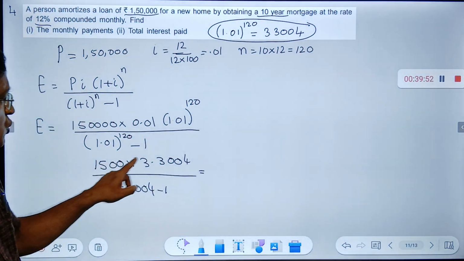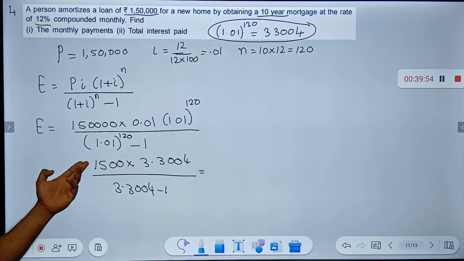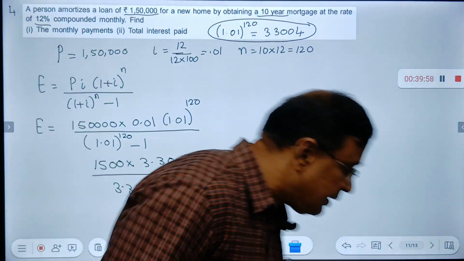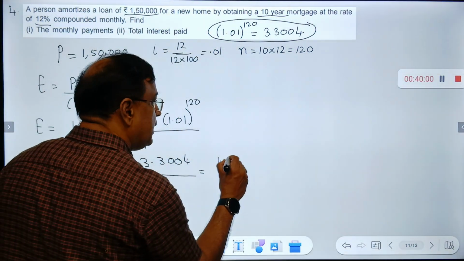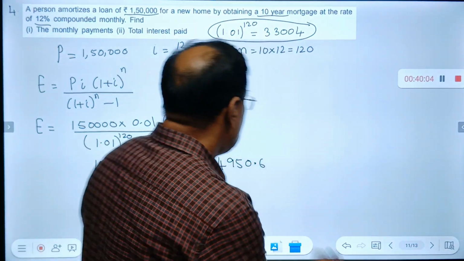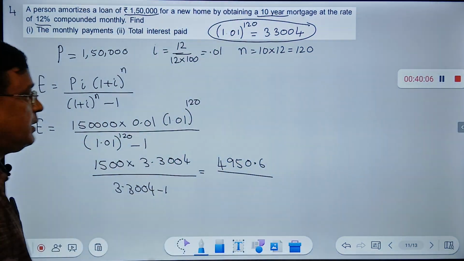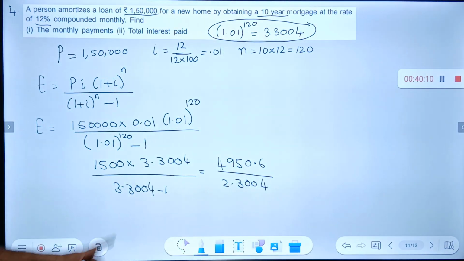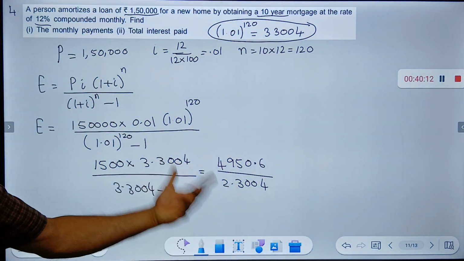Now this is usual normal multiplication, you can always multiply 1500 with this, it's not complicated. So when you multiply that, I am getting 4950.6, divided by, when you subtract this, you get 2.3004.